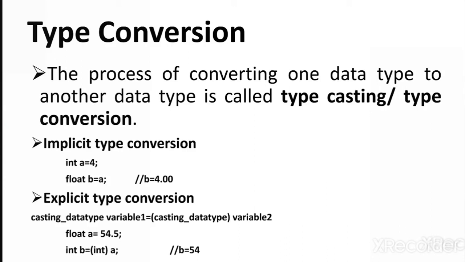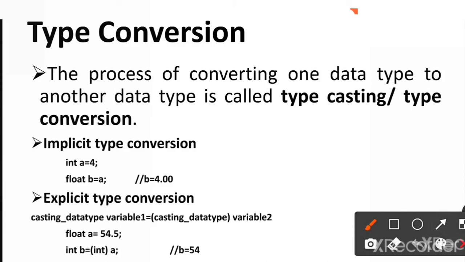Next is explicit type conversion. Explicit type conversion means converting one data type into another data type manually. That is actually typecasting. So in Java, we follow a syntax rule to convert one data type to another data type. That is as follows.